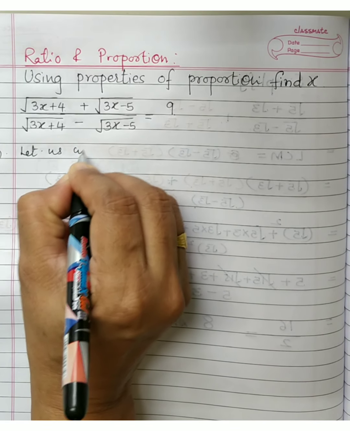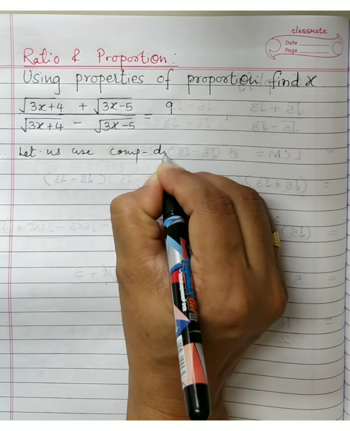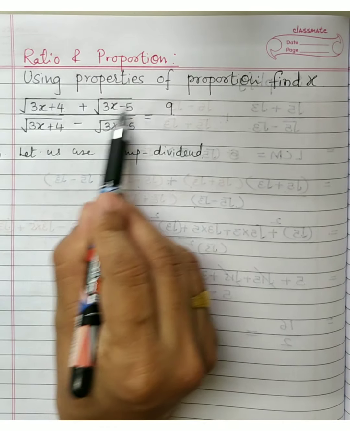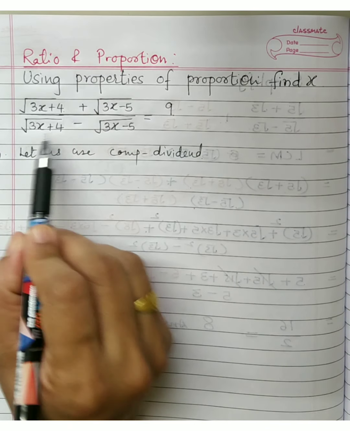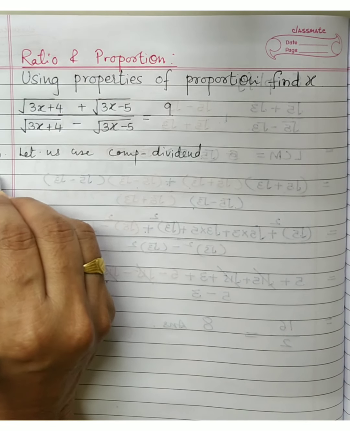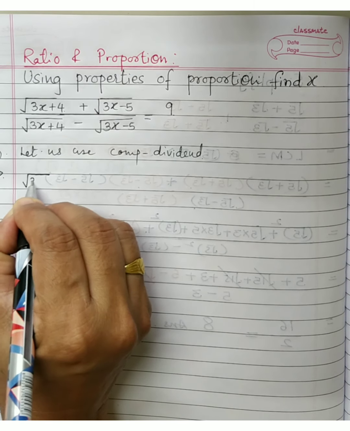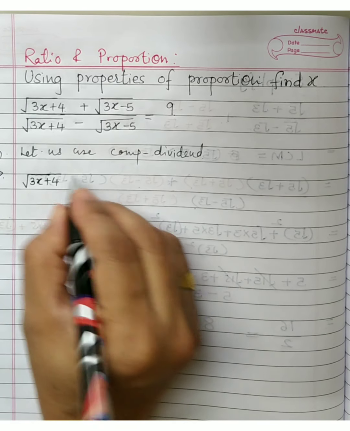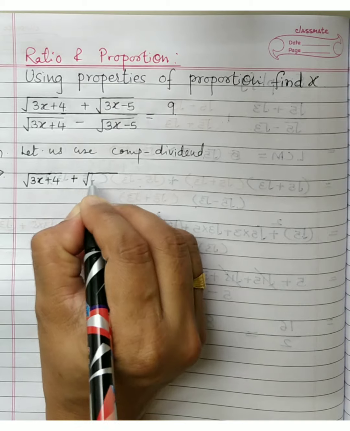Let's use componendo, dividendo. Okay, so what is our numerator? These two terms are our numerator plus another two terms denominator, there is no problem. So numerator, that is root 3x plus 4. Observe carefully, because these are the places where normally mistakes take place.